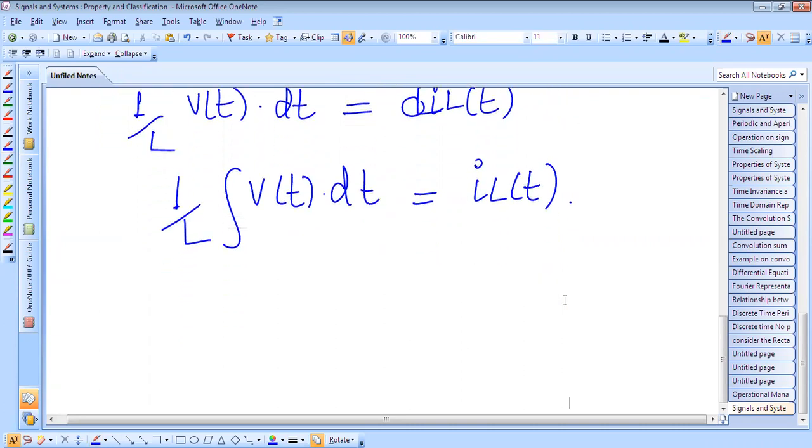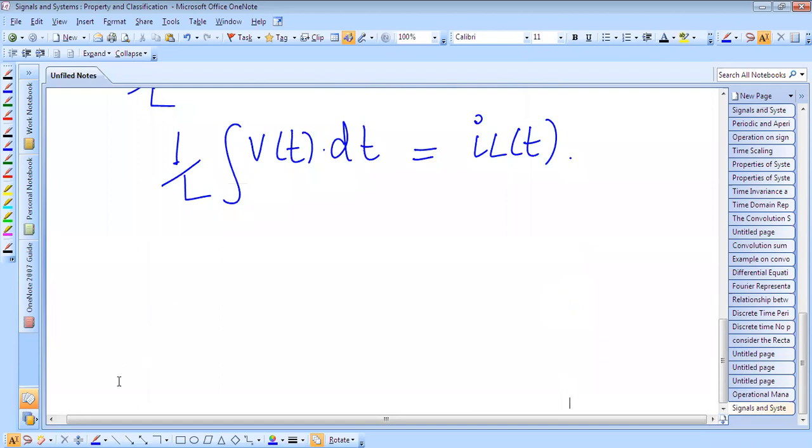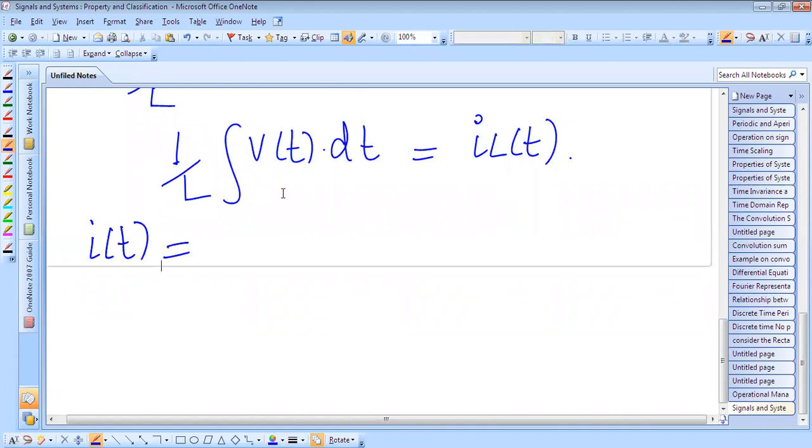Okay, so the i of t, according to your circuit, is given by v of t over R. This is the voltage across the inductance, that is v of t.